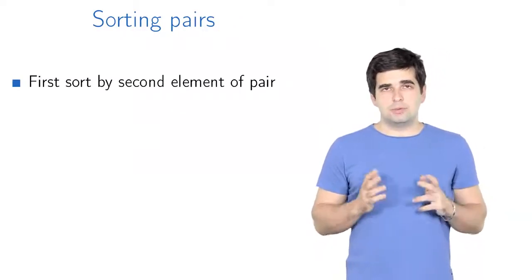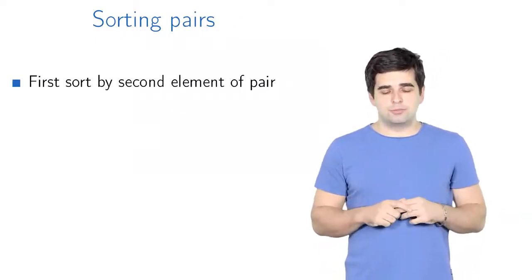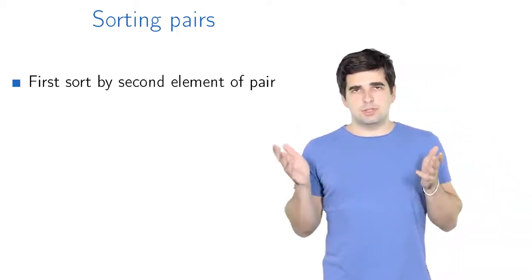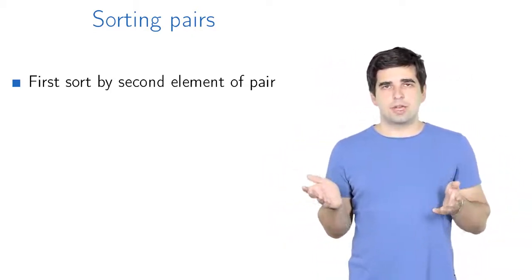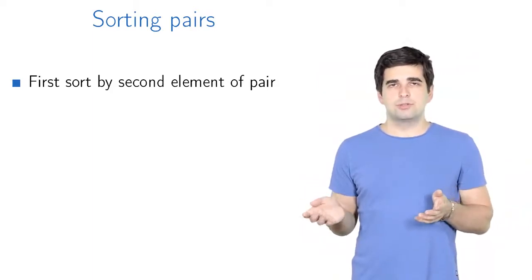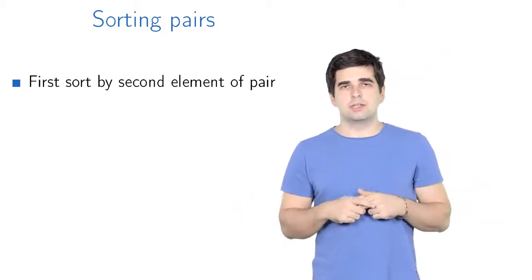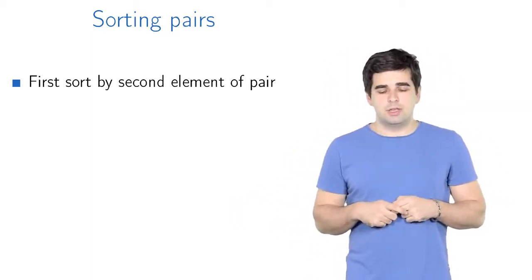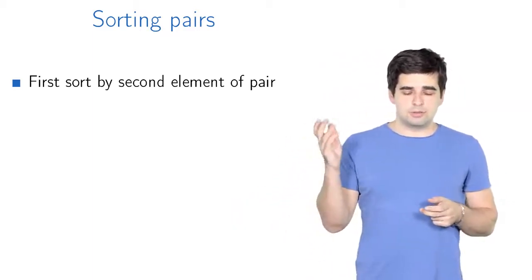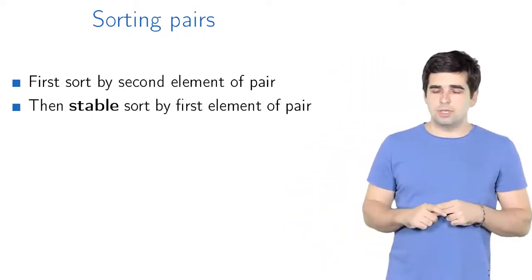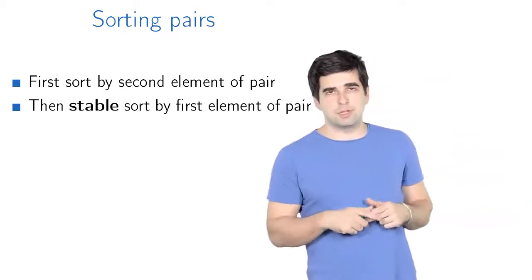So now we have to think about the following problem. We need to sort pairs of numbers basically, because each cyclic shift of length L corresponds to its number of position in the order of all cyclic shifts of length L. And we first need to sort by second element of pair, and then we stable sort by the first element of pair.